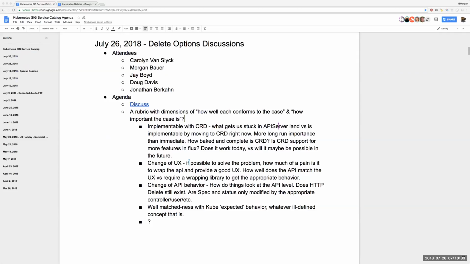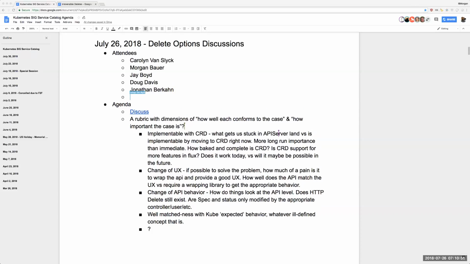Yeah. Based on our discussions with SIG Architecture, I can't say that there was any interest in introducing such behavior in CRD, I believe. So I would say it's probably safe to assume that it will never make it to CRD, because the only reason we can implement such behavior in the API server is that we have so much power, and in CRD I don't think they really want to do that.